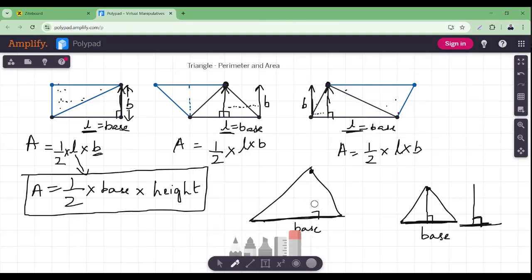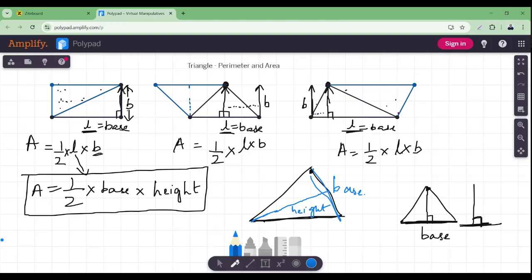Let's say I don't consider this as the base, and I consider this side as my base. Then I will have to draw a line at 90 degrees standing on this base and touching the opposite vertex. Then this becomes the height. This is how I'm finding the area of a triangle.